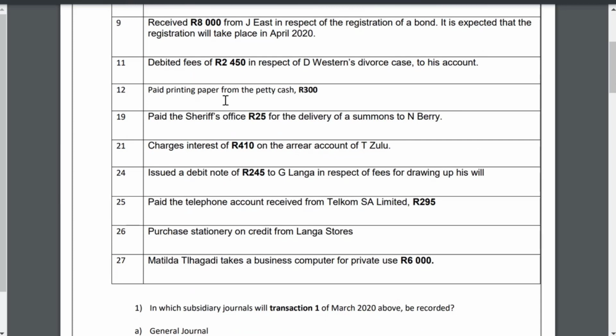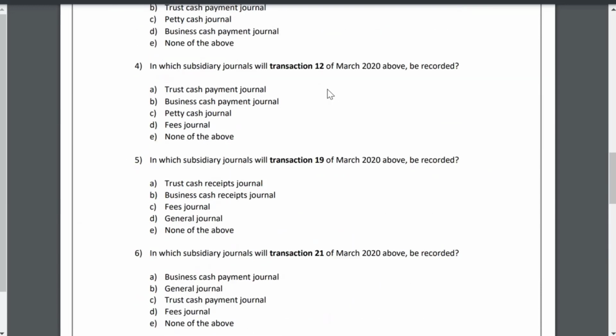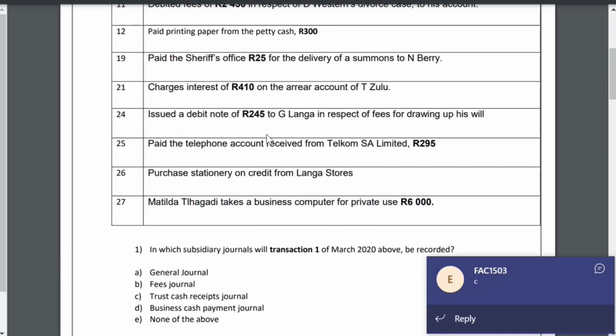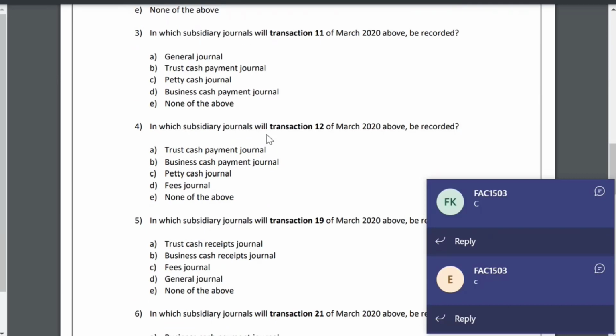Number 12: paid printing paper from the petty cash, using petty cash money, for 300 Rand. Transaction number 12. The options are Trust Cash Payment Journal, Business Cash Payment Journal, Petty Cash Journal, Fees Journal, or none of the above. So C is Petty Cash Journal.